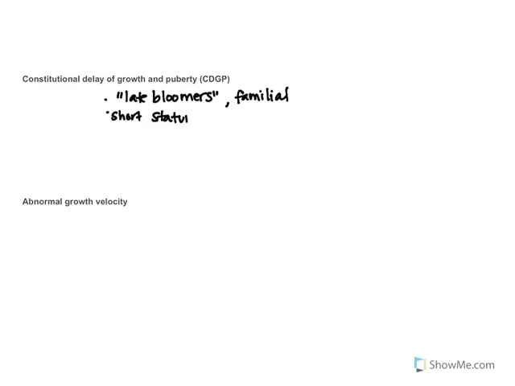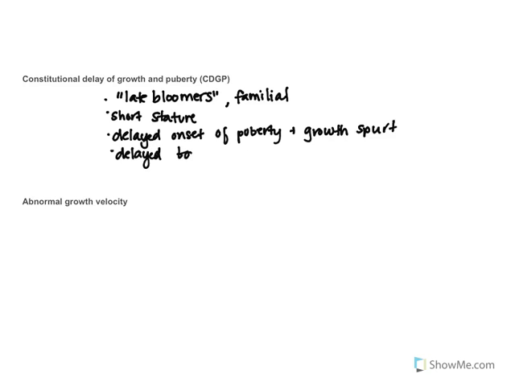These kids typically have a short stature that is non-congruent with their family, so they're small but their parents are of normal height. They also have delayed onset of the time of pubertal changes to begin, but then all of those pubertal growth spurts are also not happening. So they're slow to catch up with everything, the secondary sex characteristics and the growth.